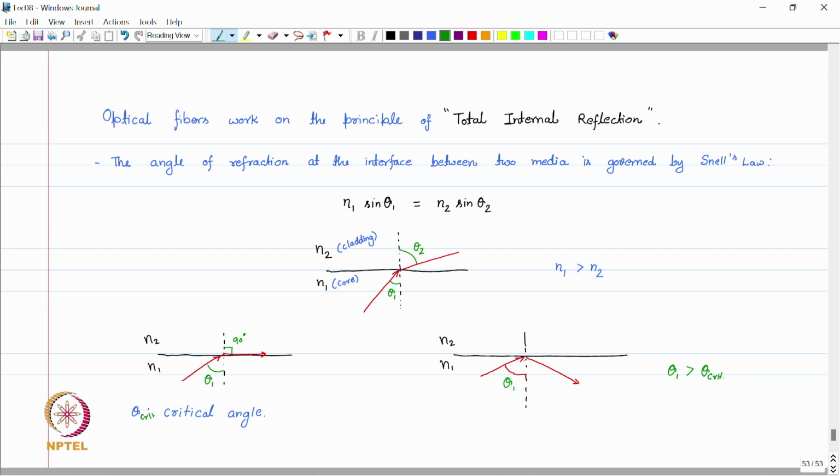So, this wave does not go into the cladding, it comes back into the core itself. This is called total internal reflection. This case where the incident angle is more than the critical angle is called total internal reflection.